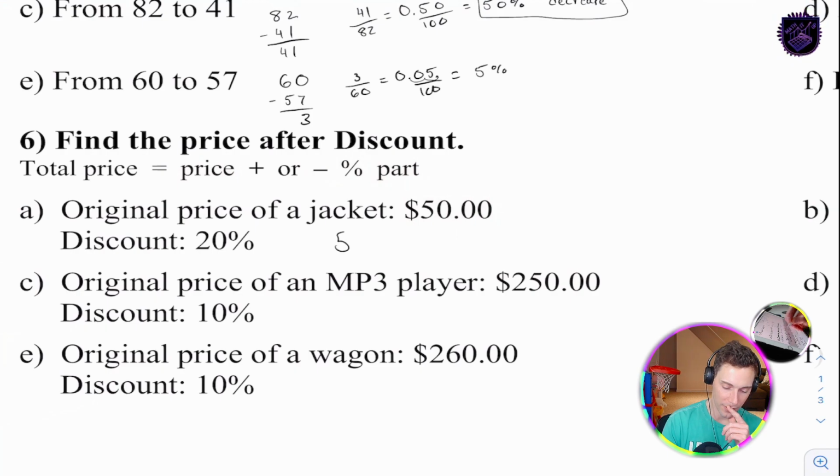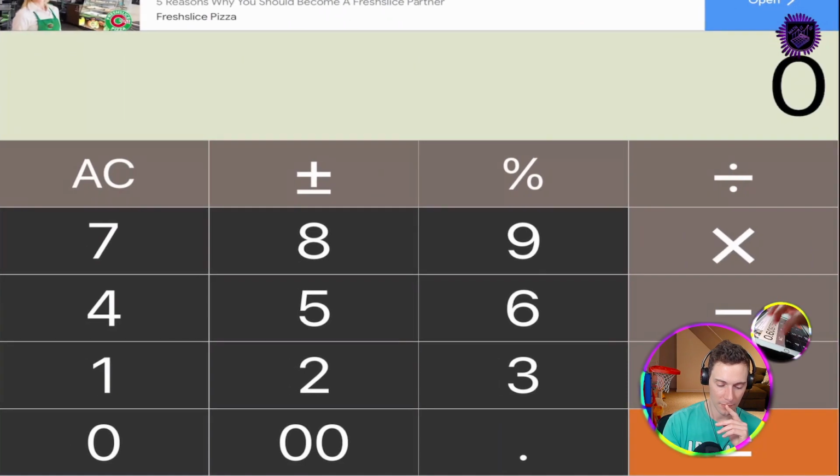So we're going to go $50. And we're going to multiply, we're looking for the part. So we're going to multiply by the decimal form of 20, 0.2. And that's going to equal 10. Right? So 50 times 0.2 equals 10.